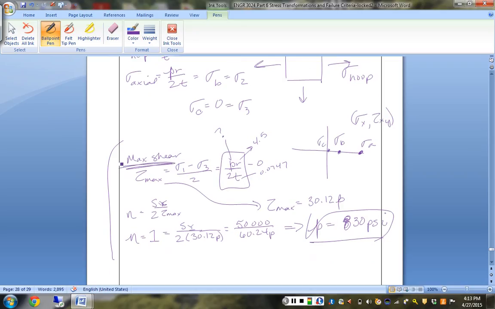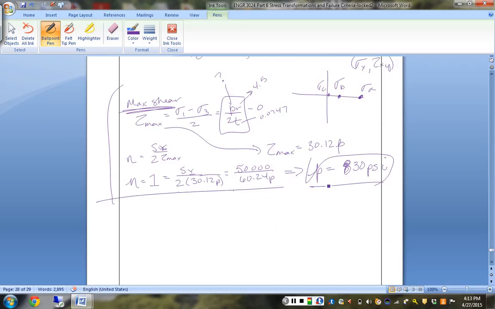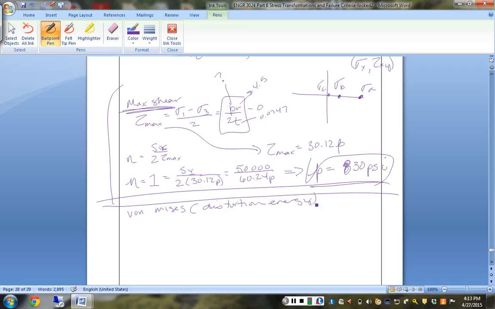All right, let's look at the same analysis with the von Mises criteria. Von Mises, also known as distortion energy. That's the one that's more complicated. We have to find the von Mises equivalent stress. That's your sigma prime. That formula will also be given.